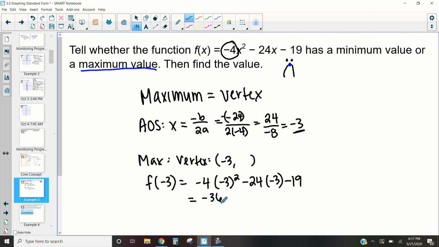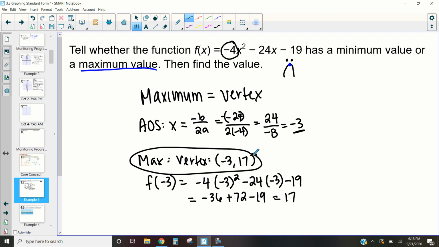Then we have negative 24 times negative 3, and that gives us a positive 72, and then we have a minus 19. As we combine these values together, we end up getting 17.